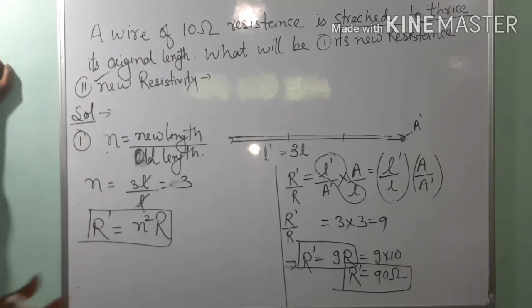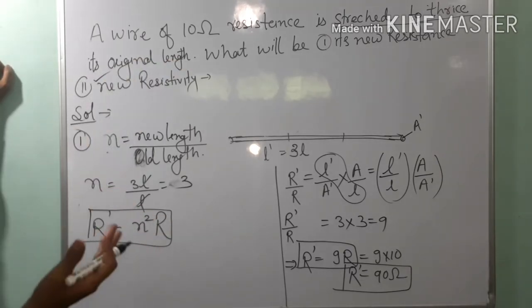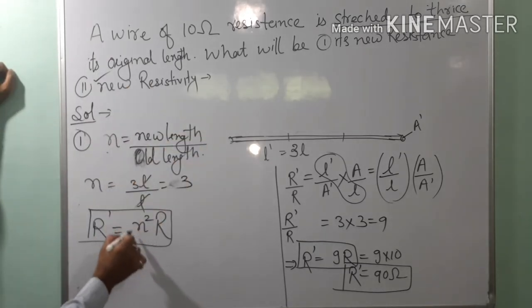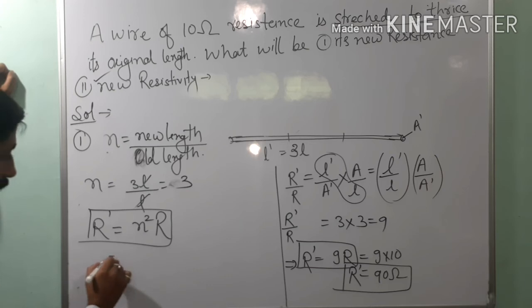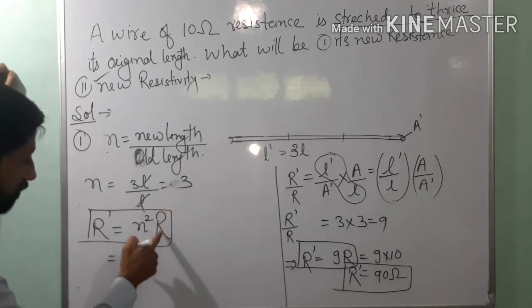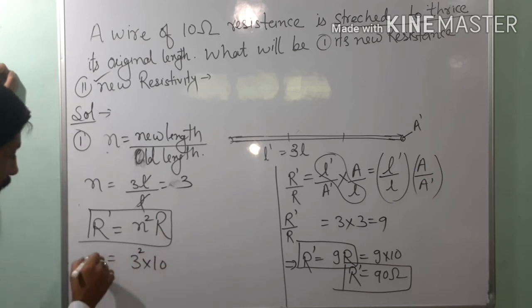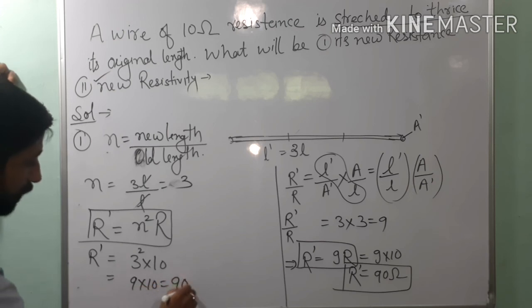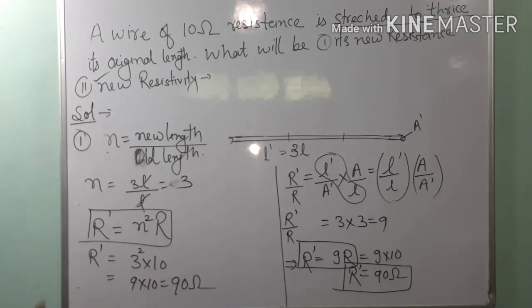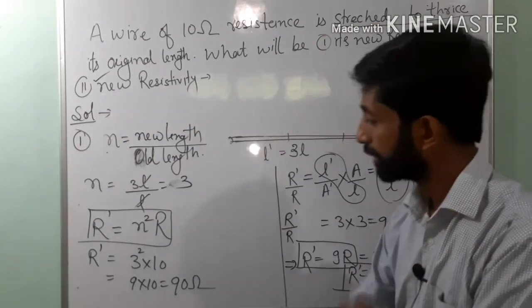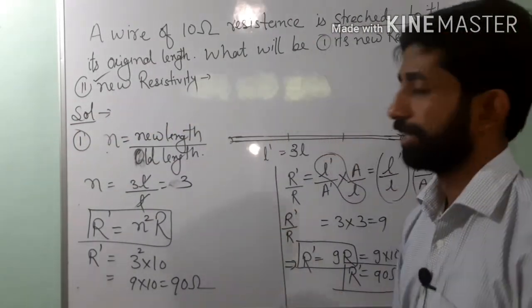The wire's length is stretched to that many times, so N is the number of times the wire has been stretched. So N equals 3, square, and what's the value of R? That is 10 ohm. So new resistance is 9 times 10, equal to 90 ohm. So why go for the longer method, rather we go for this very simple method.